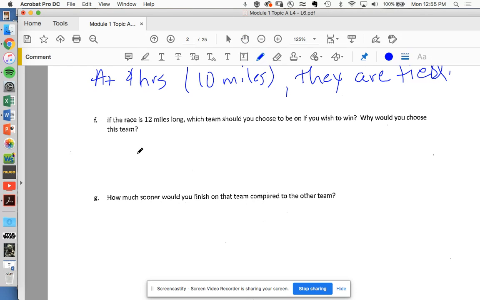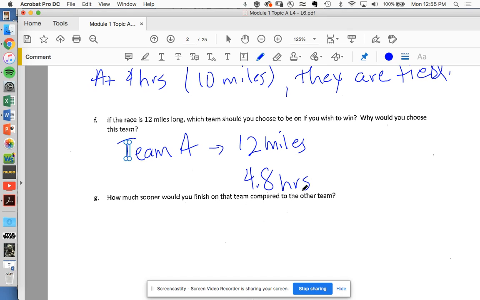Well, Team A, absolutely. Now, we can figure out that Team A, for 12 miles, my bad, at 12 miles, it would take them 4.8 hours. Okay, just under 5 hours. They go 5 hours and it's 12.5 miles.